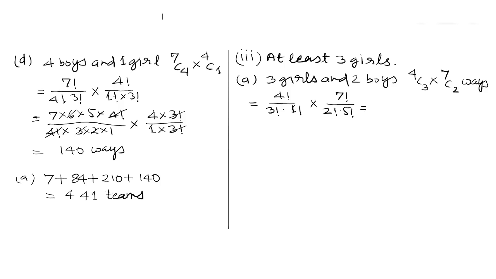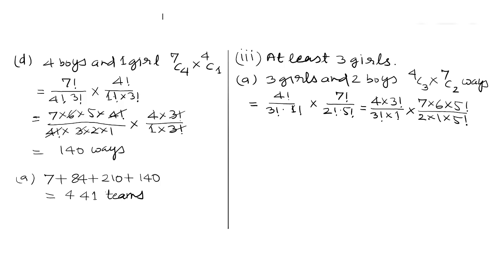This is equal to 4 factorial, which can be written as 4 multiplied by 3 factorial, upon 3 factorial into 1 factorial, which is 1, and 7 factorial can be written as 7 multiplied by 6 multiplied by 5 factorial, upon 2 factorial, which can be written as 2 into 1, multiplied by 5 factorial.